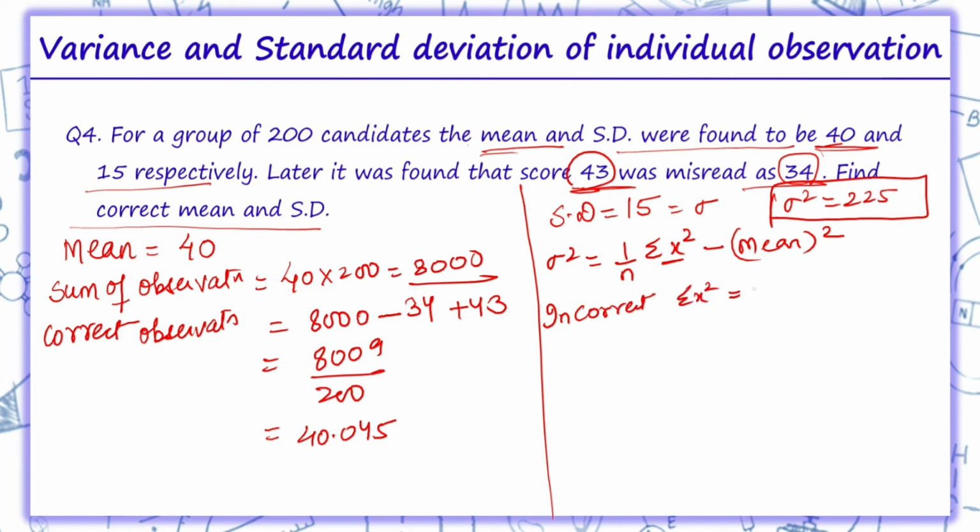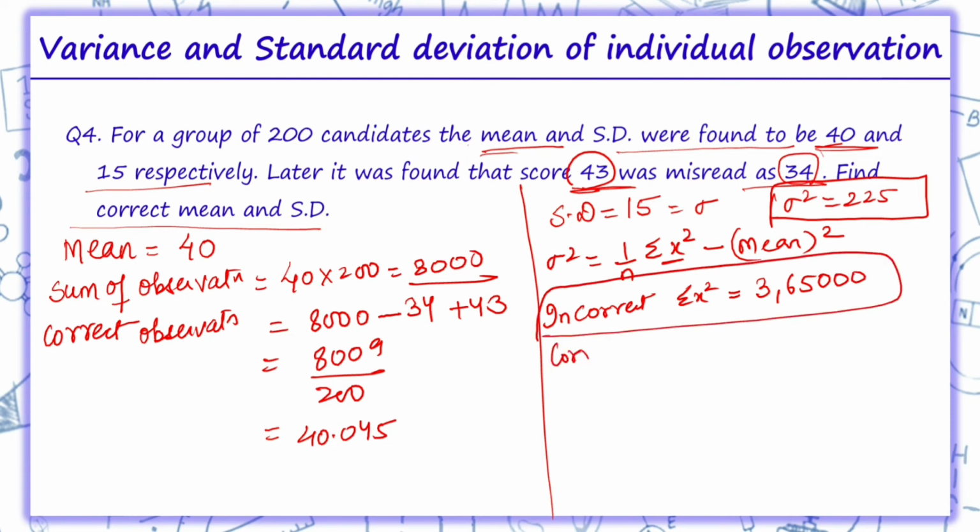We'll put the values: sigma square is 225, in place of n we'll write 200, and for mean we'll write 40 square. When we solve, the incorrect summation of x square will be 3,65,000. So this is the incorrect value.